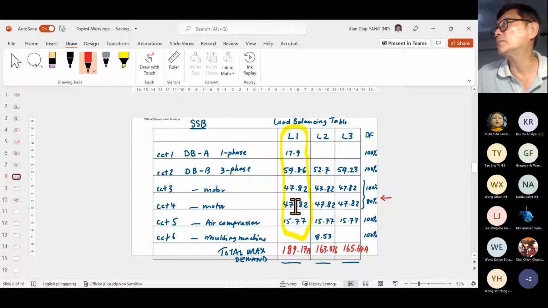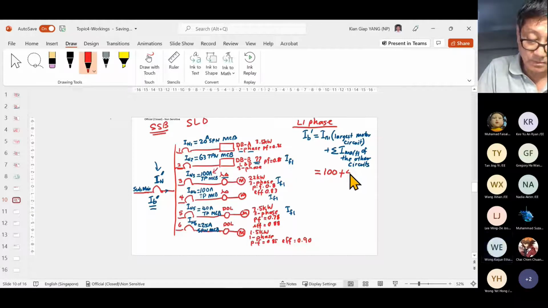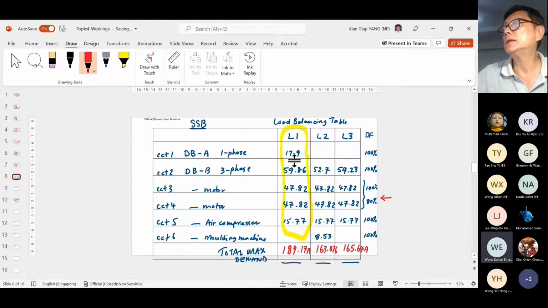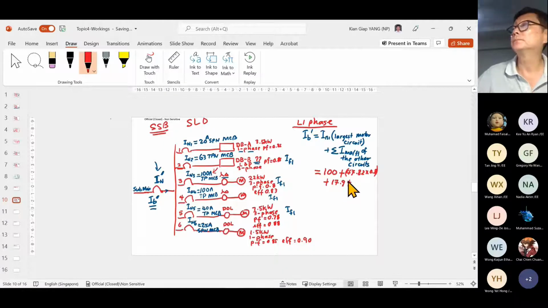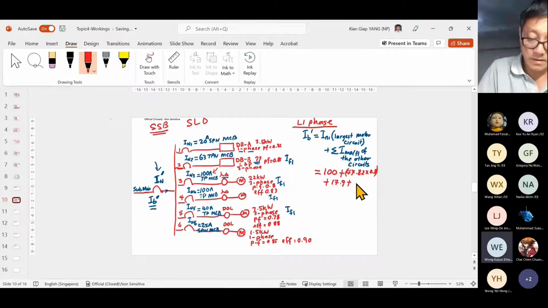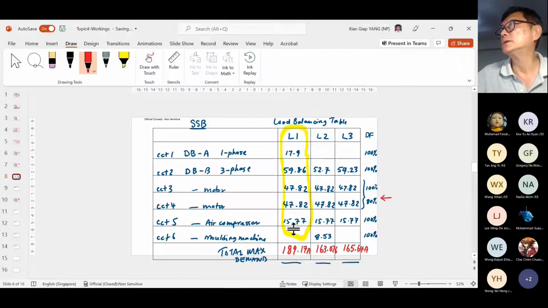So I have to take 47.82 times 0.8, plus 17.9, plus, sorry, I have to do over 3, plus 59.86, plus the last circuit, 15.77.